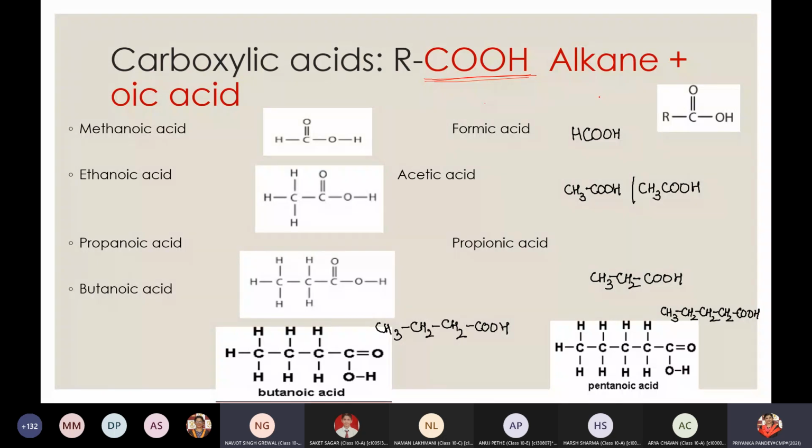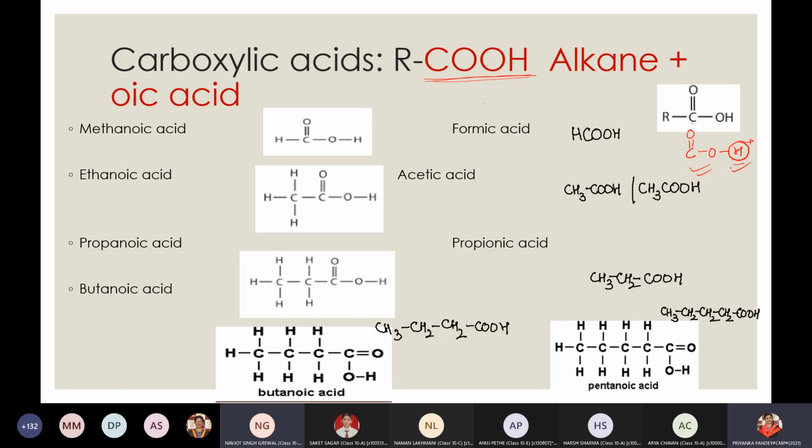And how is the representation? C double bond O, single bond O, single bond H. And this H part is going to be released and becomes the replaceable hydrogen ion. And that is why these are called acids. Acids are the substances which provide H plus ions when they are dissolved in water.